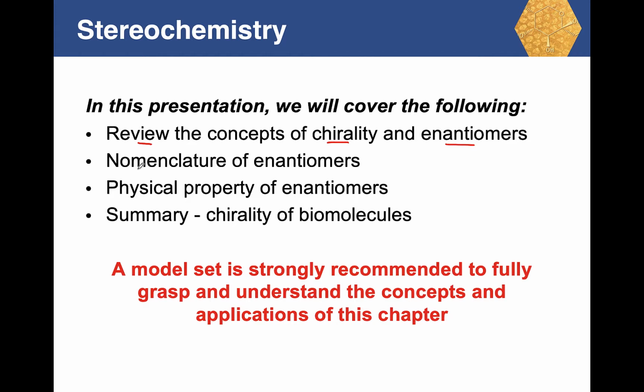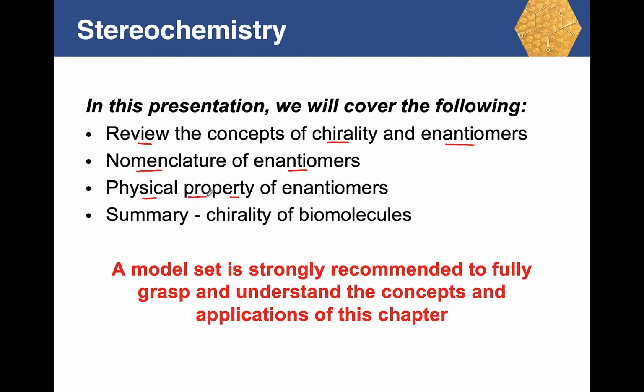Next, we will look at the nomenclature of enantiomers. Remember, we emphasized that enantiomers are different molecules, different stereoisomers, so they must have different names. Next, we'll look at the physical property of enantiomers.